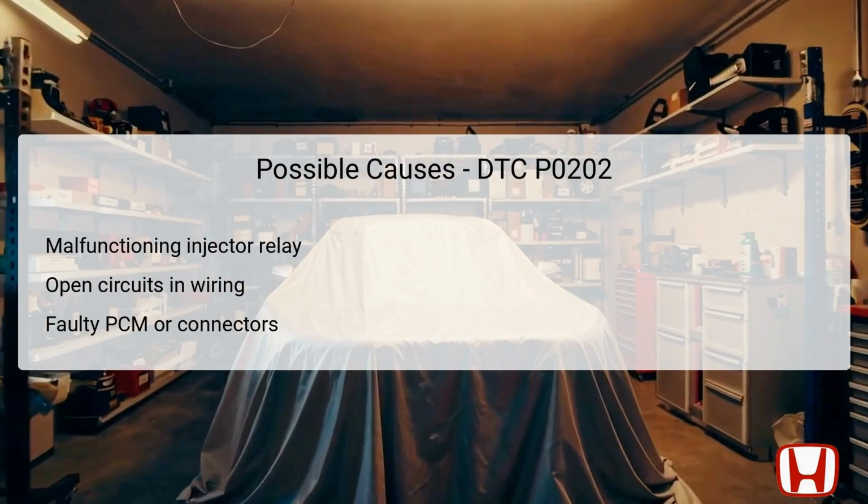Several possible causes can trigger the DTC P0202. First, a malfunctioning injector relay may fail to provide the necessary power to the number 2 injector, leading to an error. Additionally, open circuits in the wiring can disrupt the electrical flow needed for accurate injector operation.